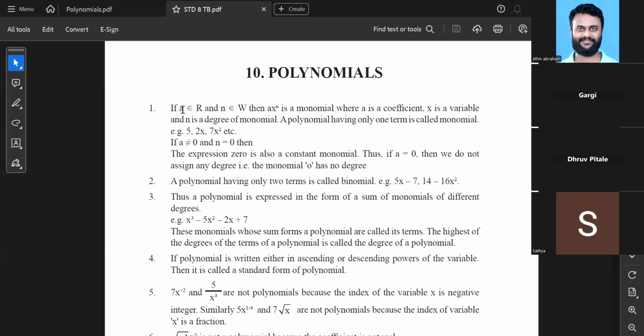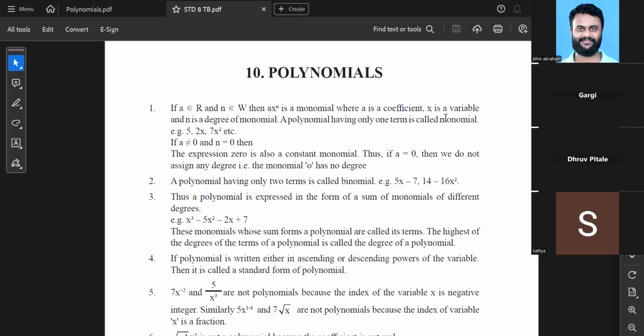So let's say A comes under real numbers, N comes under whole numbers, and then A multiplied by X raised to N is a monomial where A is a coefficient.